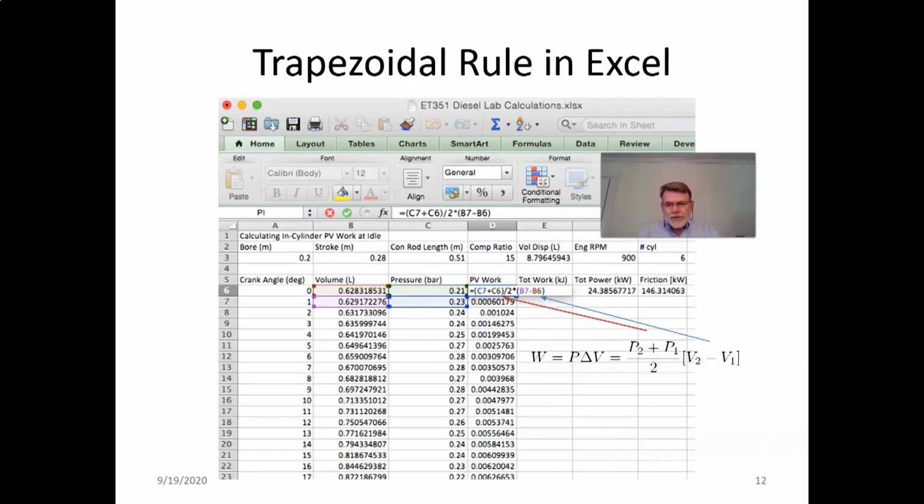So how do we deal with this? You see, we have several columns here: the crank angle, the volume, the pressure, the work, the total work, total power, and friction. So you see how many pieces of information we get regarding the engine operation, starting with just a little bit of data, which is crank angle basically, and pressure.